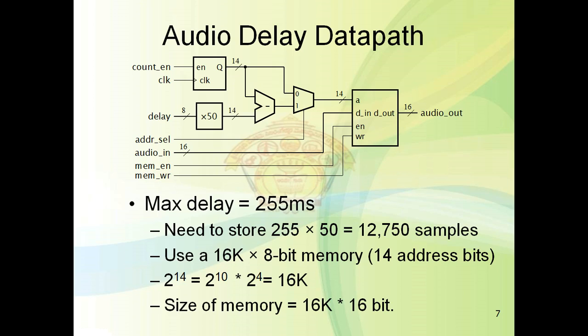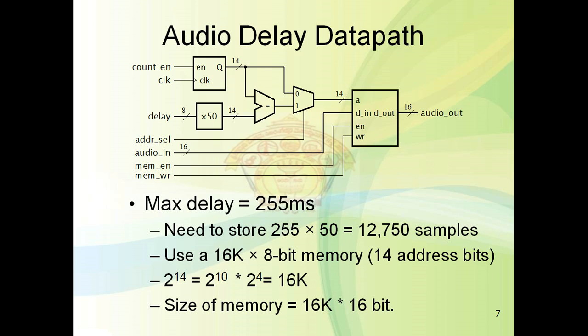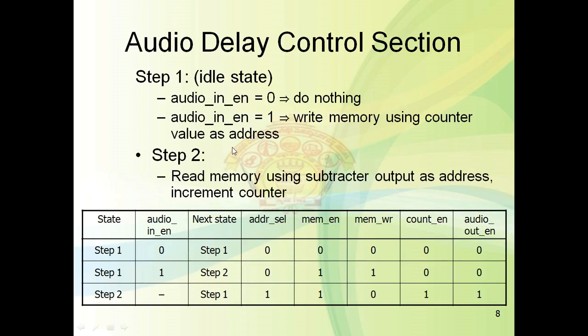Then how do we generate the control signals? Which control signals are required? You can see in this diagram: address select, audio in, memory enable, memory write, counter enable. These control signals we require.